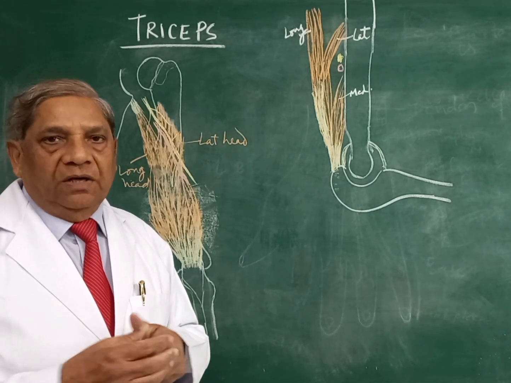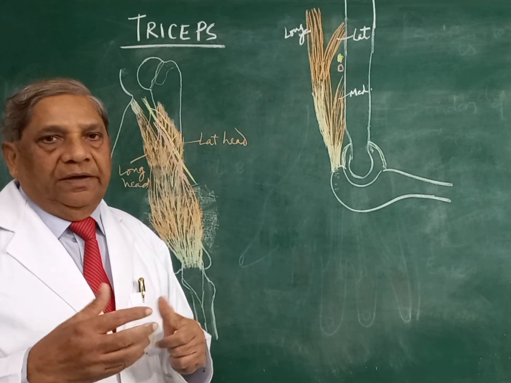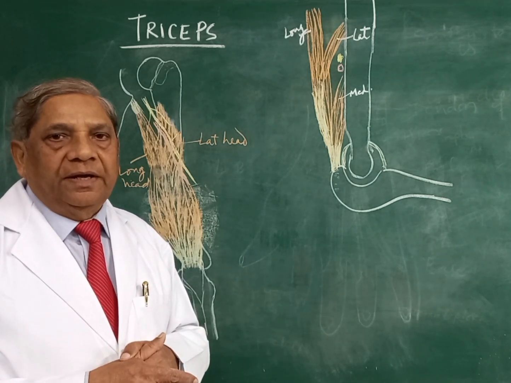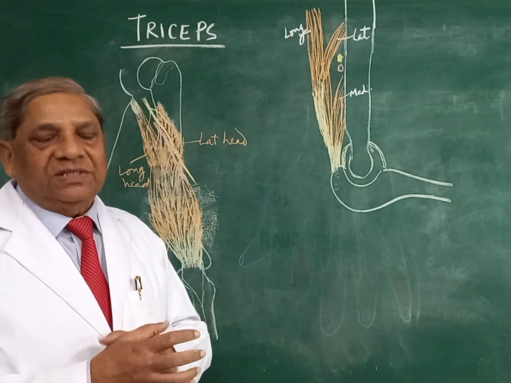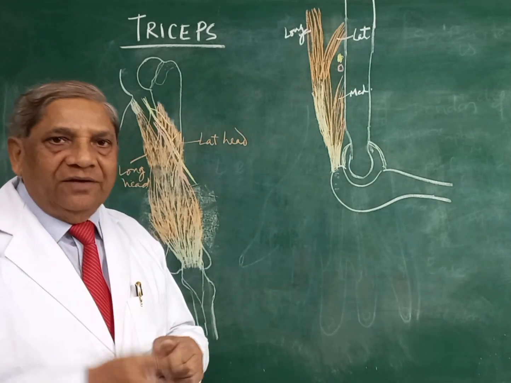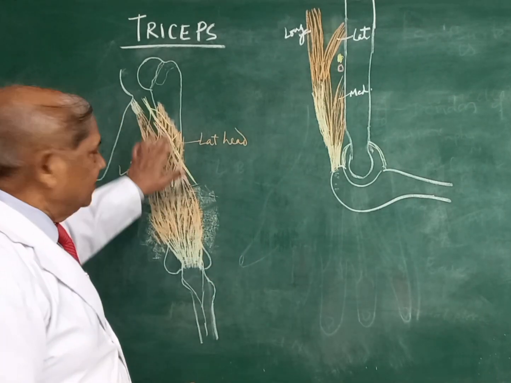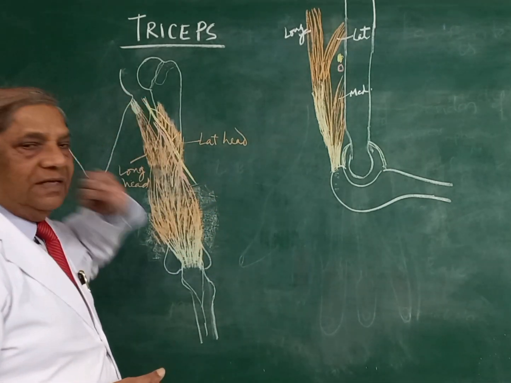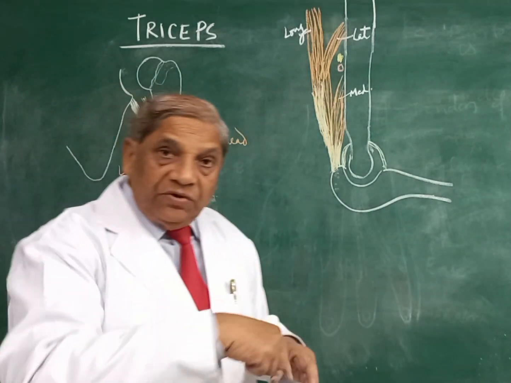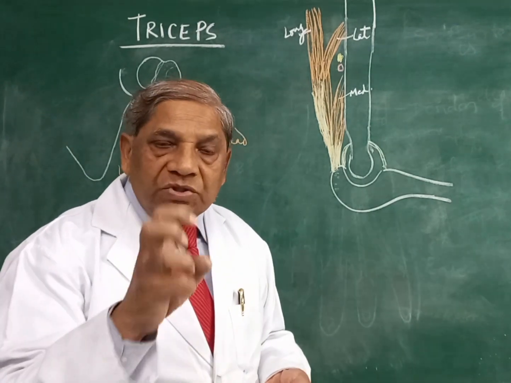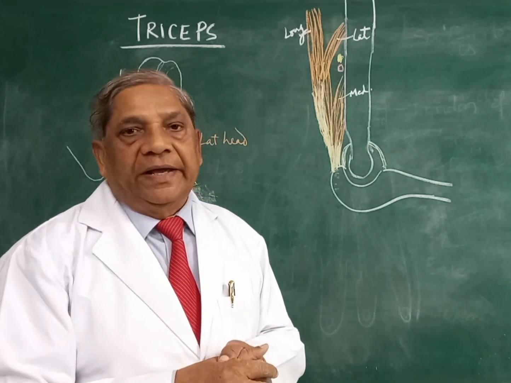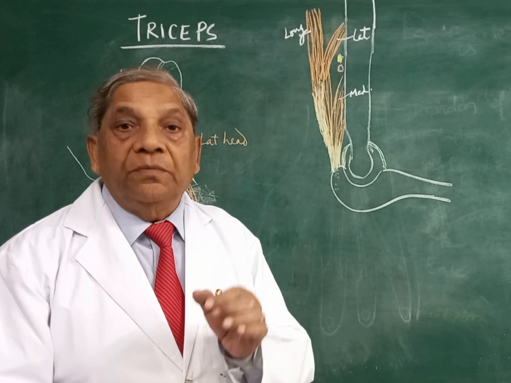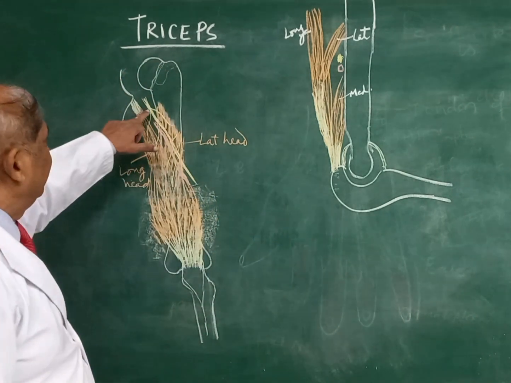and will not be supplying the long head, I mean to say the muscle will not be supplied. But then I have told you that there are two sets of nerve branches, one which is taking origin in the radial groove and another which is taking origin before it enters the radial groove. But those nerves which are going to the different heads of the triceps will not be injured, they will survive.